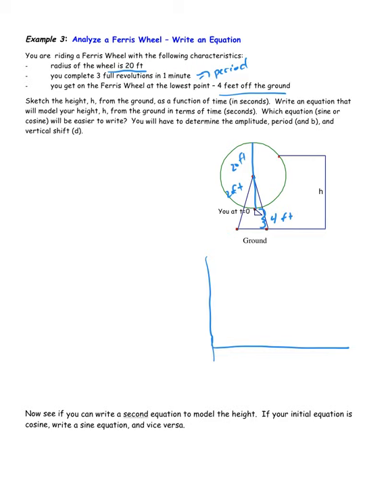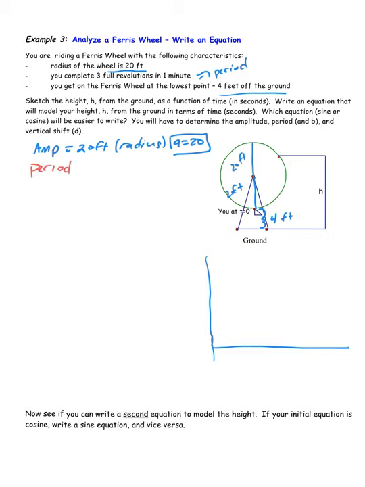Since the radius is 20 feet, we know the amplitude is 20 feet because that's the radius. So we know that a for our equation, little a, is 20. All right, we're also told that you complete 3 full revolutions in 1 minute.